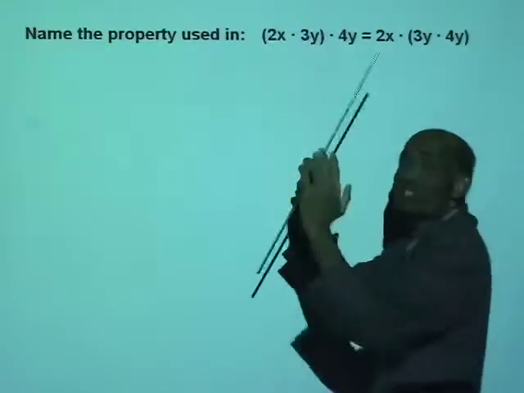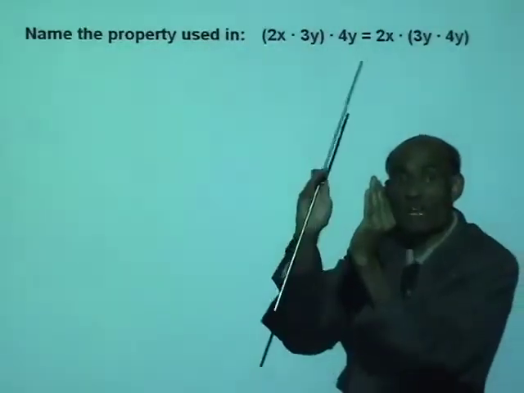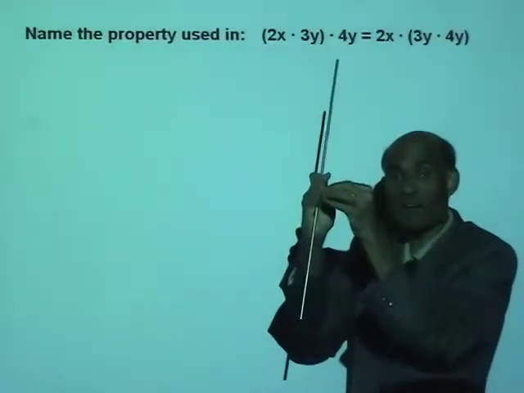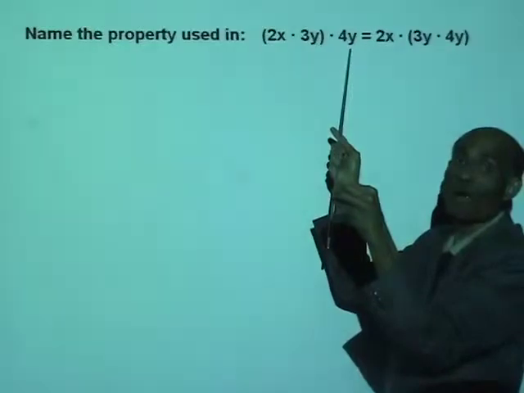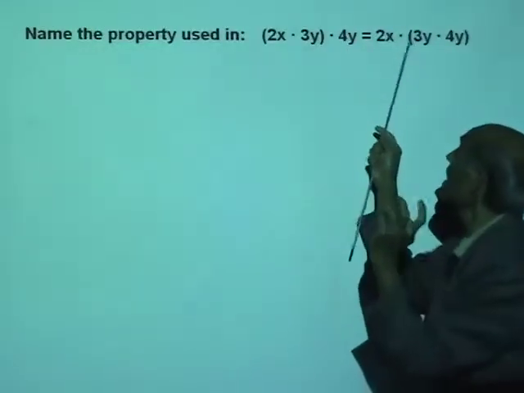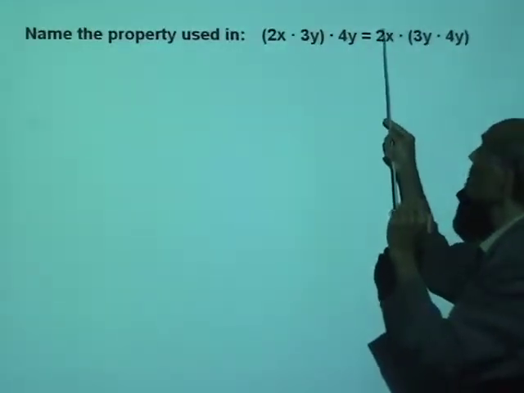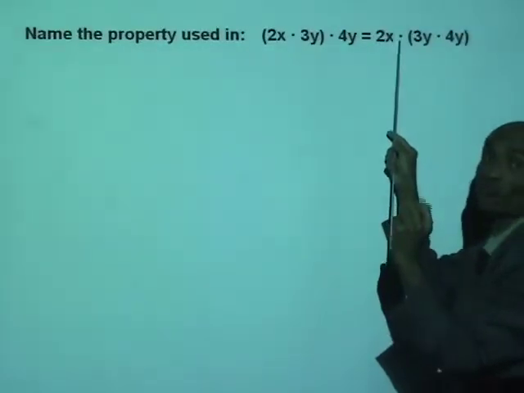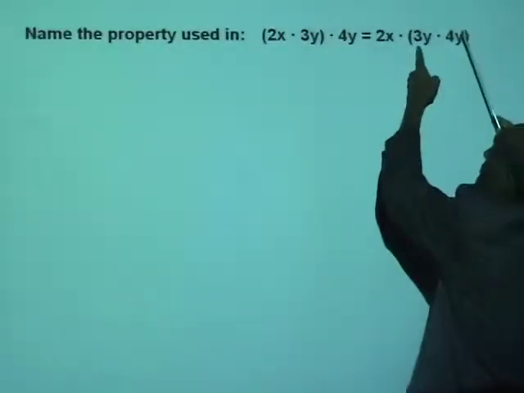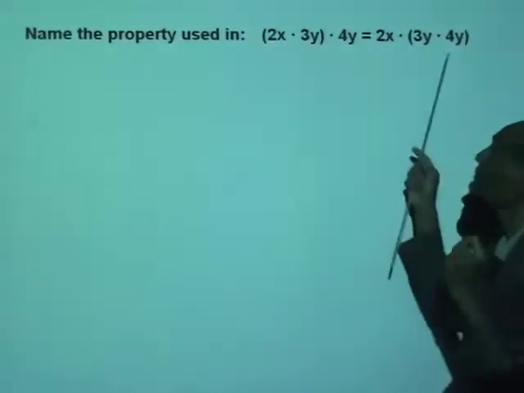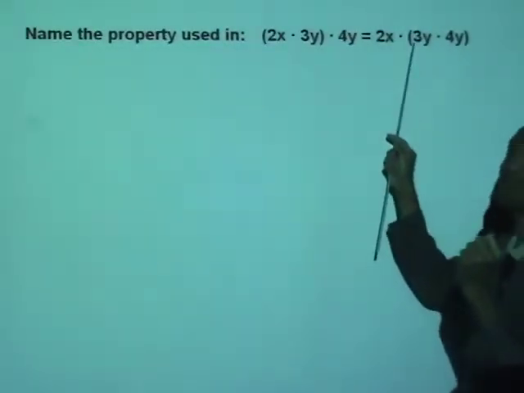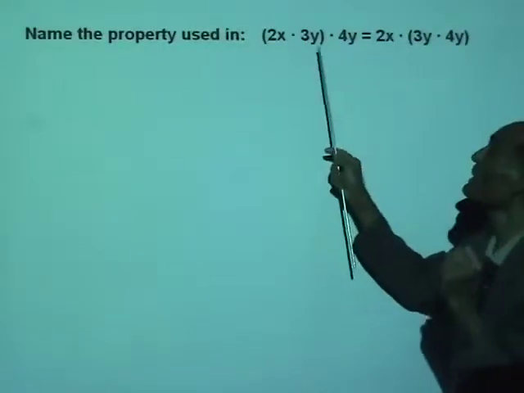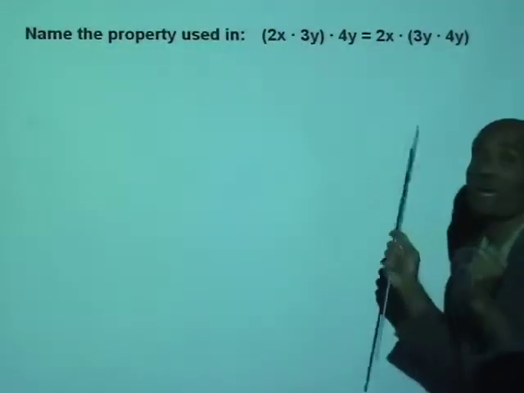You associated or grouped 2x and 3y. You multiplied that first and then multiplied the result with 4y. On the right side, we multiplied 2x with what? With the product of 3y and 4y. Our association has changed. That means this result is the same.